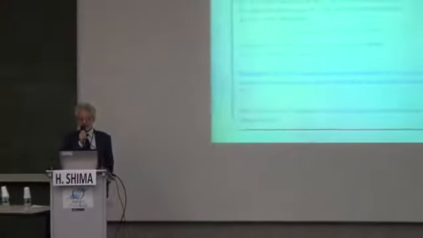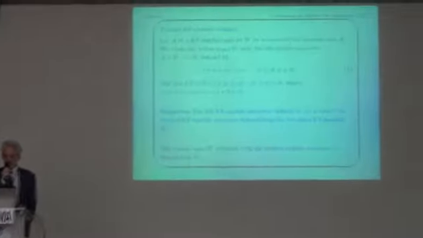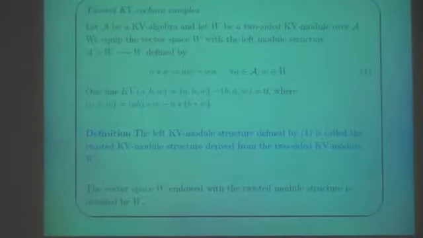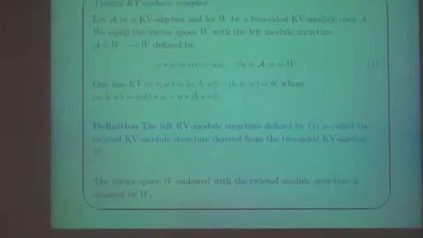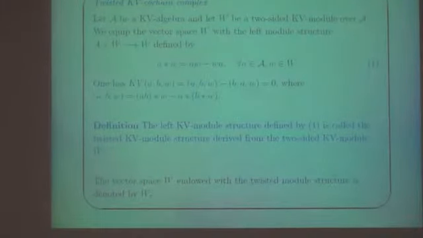We have this special product satisfying special conditions, and we call this a two-sided twisted Koszul-Vinberg module structure.